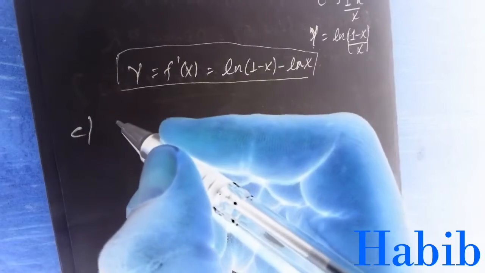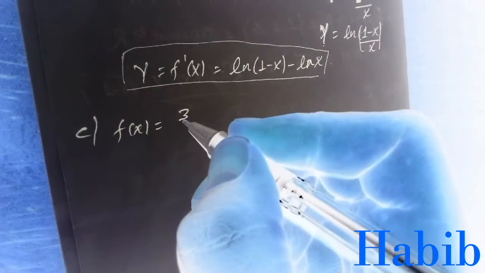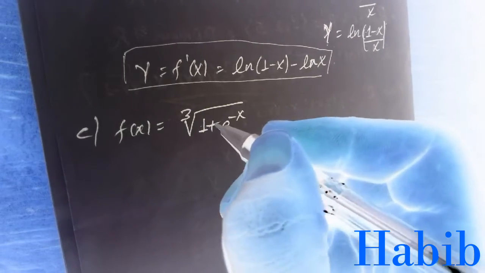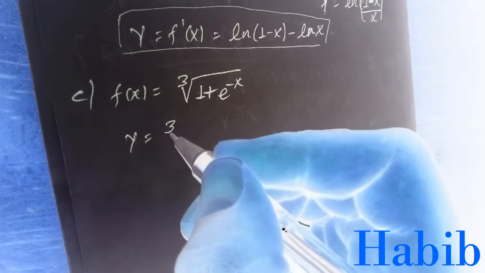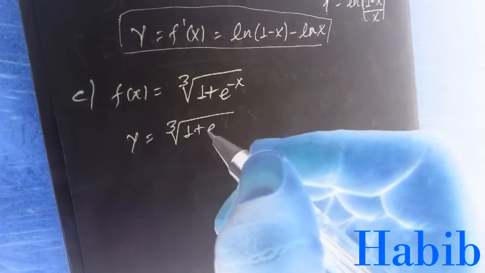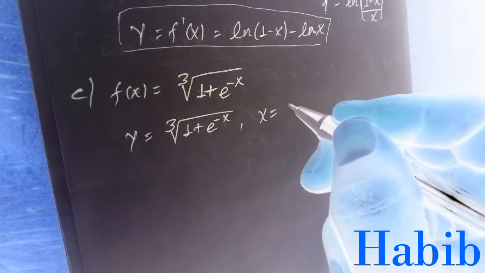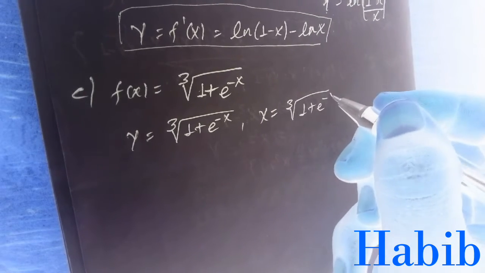The third one: f of x is the cube root of 1 plus e raised to minus x. To find this inverse, f of x equals y, so the cube root of 1 plus e raised to minus x is y. When we interchange, x becomes the cube root of 1 plus e raised to minus y.